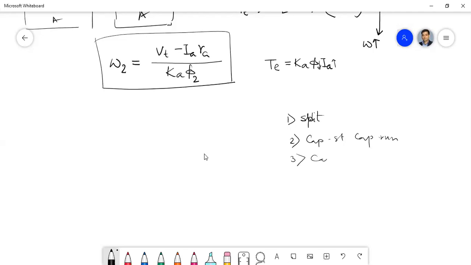Three options were there, and another one. I forgot. Universal motor, right? Yes, sir, universal motor. So these were the options, isn't it? Yes, sir. Okay. So the correct option will be this.